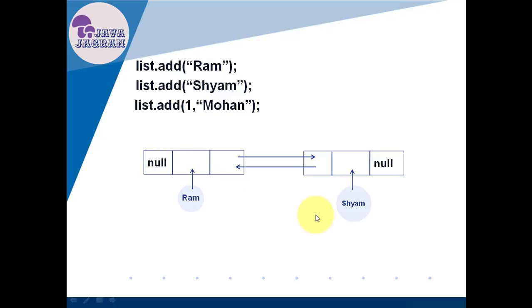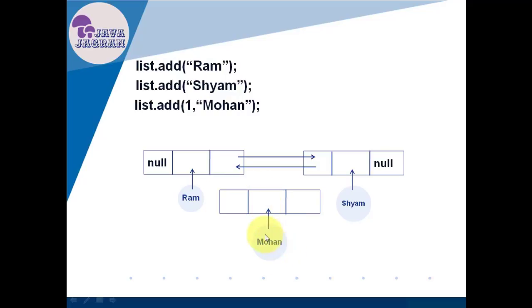Suppose here we are saying add to the first location, so it will go to the first location, and at the first location it will create one object with this one. Suppose we are passing the node, so it will create one object with this one, and using that object it will create one node. And in the node's item place, it will add that object.